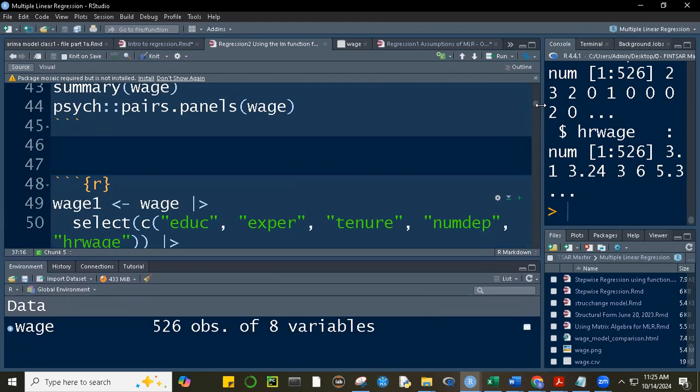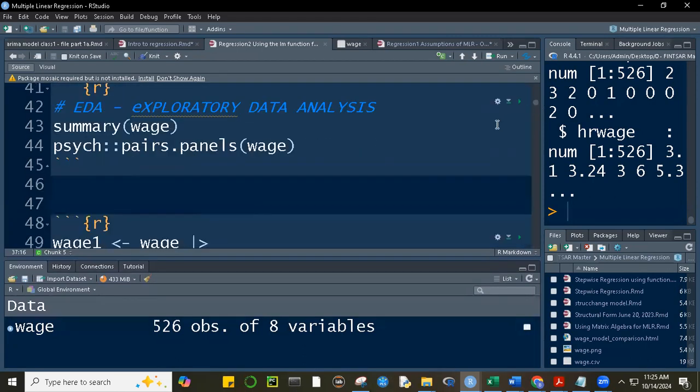And then we said it's important for us to know, since we're going to do multiple linear regression, we would like to establish the relationship between your independent variables and your dependent variable. So we can make use of this function from the psych package, pairs.panels.